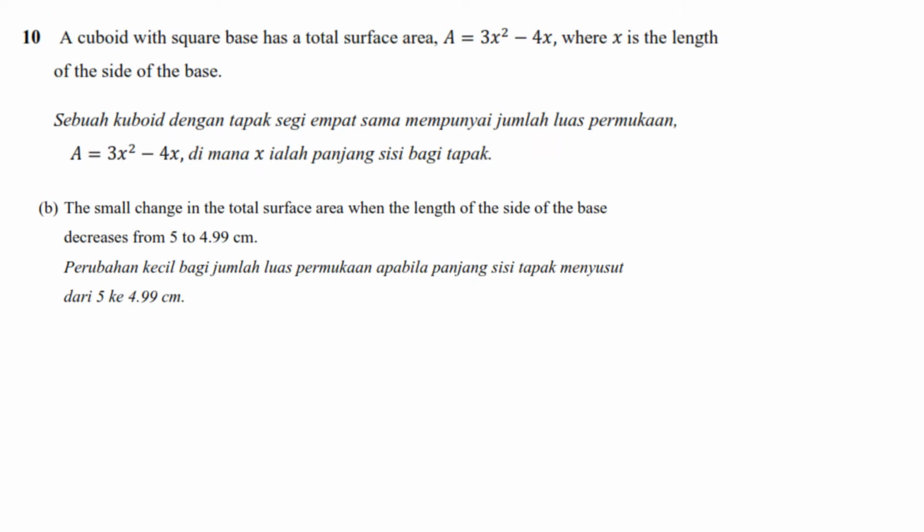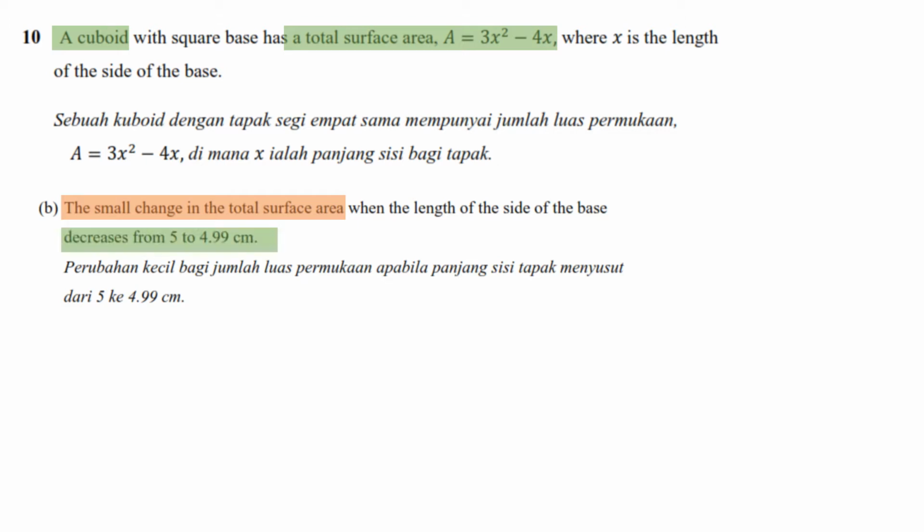Now we go to B. B says: a small change in the total surface area when the length of the side of the base decreases from 5 to 4.99 cm. So this is again the information, and this is the question you need to answer.